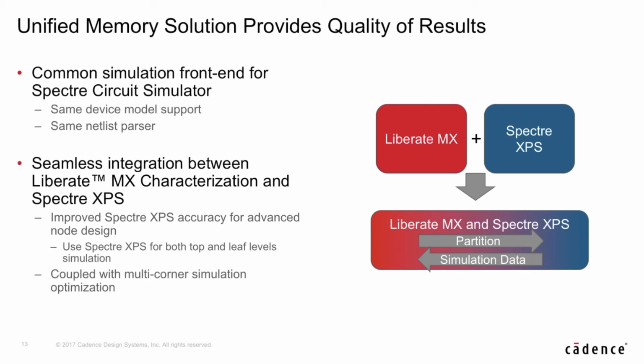With the Spectre circuit simulators, we have what we call the common simulation front end. What that means is that all our Spectre simulators, such as Spectre, Spectre APS, and Spectre XPS, have the same device model support and the same netlist parser, to ensure that if you move from Spectre APS to XPS, you get consistent accuracy.